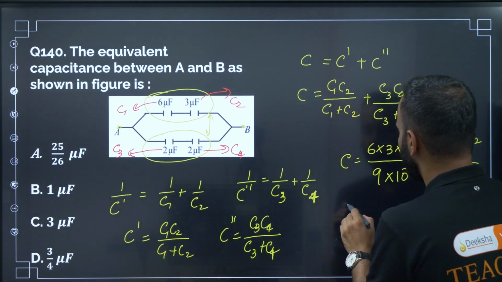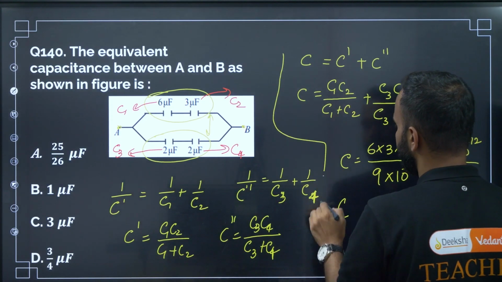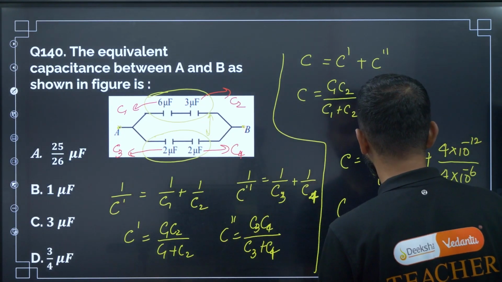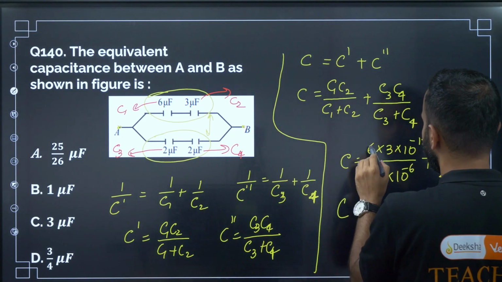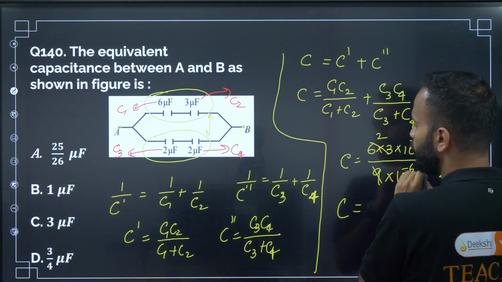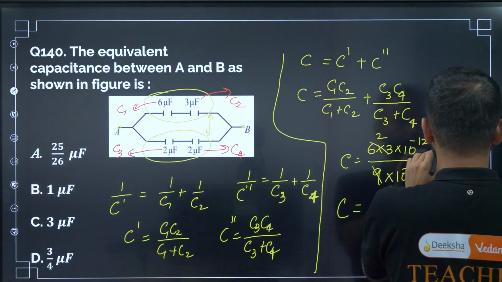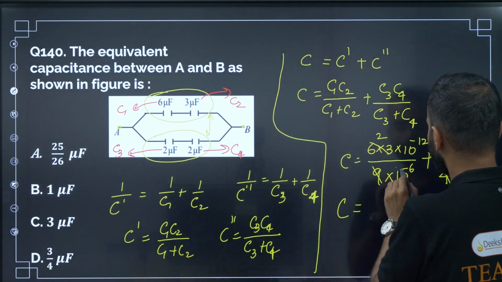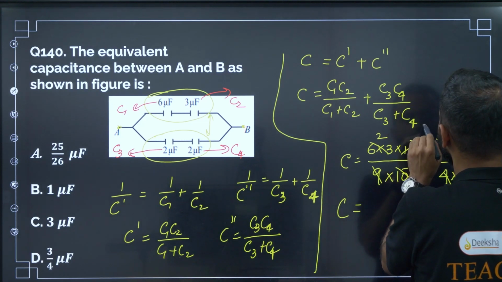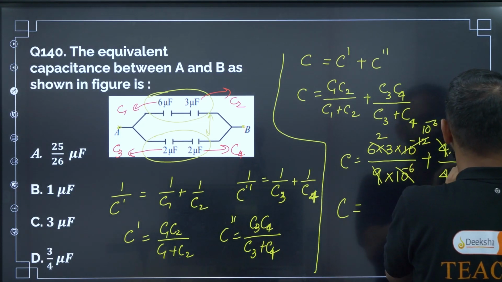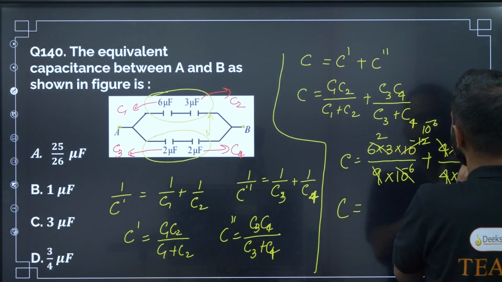Now 6 threes are 18, 9 twos are 18, and 4 will get cancelled. So 10 to the power minus 12 by 10 to the power minus 6 is 10 to the power minus 6. Here also 10 to the power minus 6.